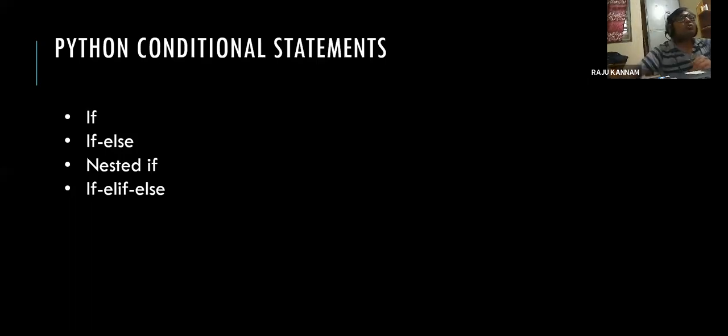To check those kinds of statements, we will use decision making statements. So we will use these conditional statements or decision making statements. Let us see how to write these decision making statements in Python.